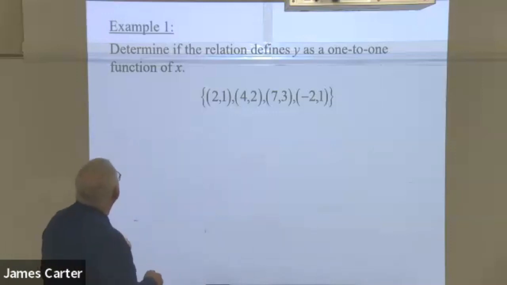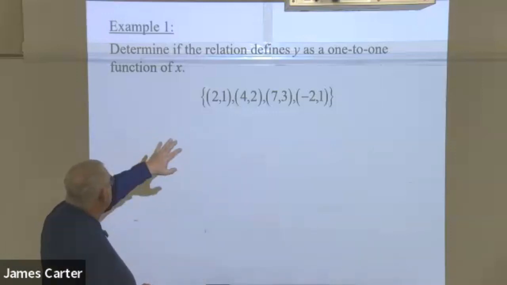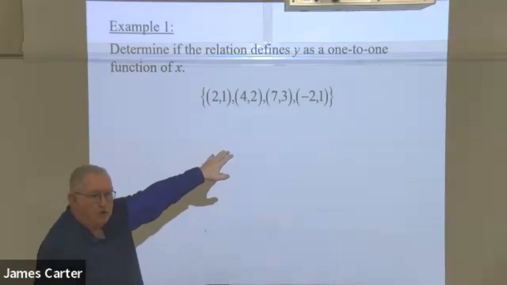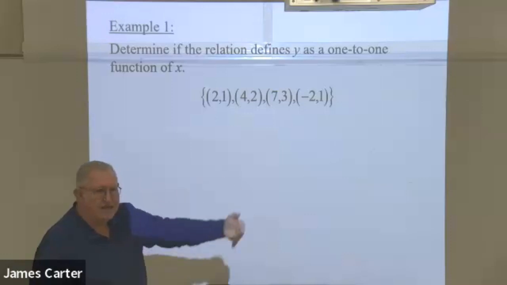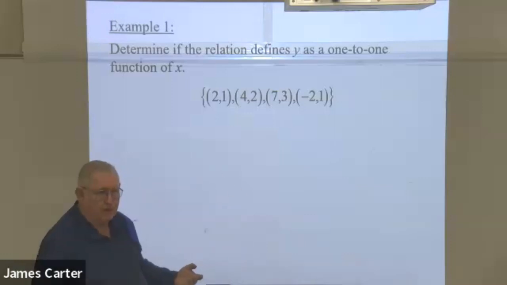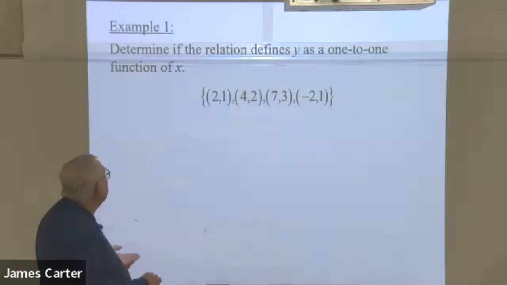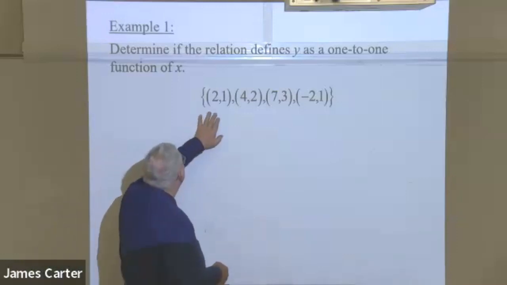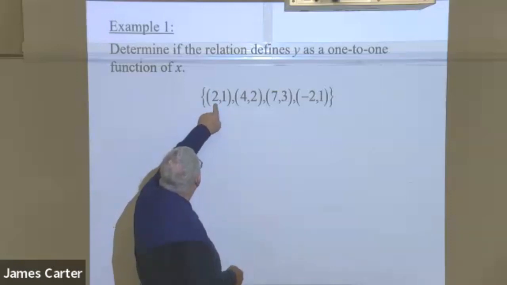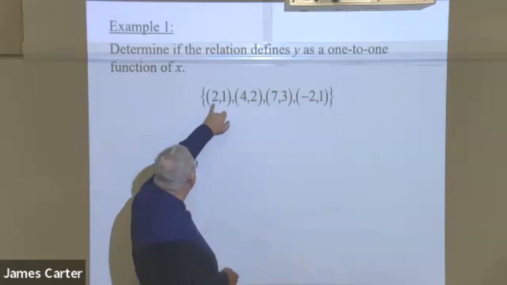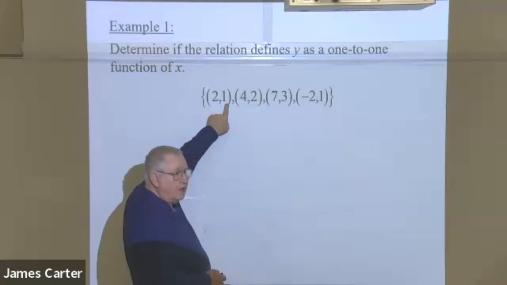Now, in this case, determine if the relation, so far we just know that an equation produced it, so it's a relation. We want to see if it's a function, and if it has that special requirement. In this case, this x value has its unique y location for the point.